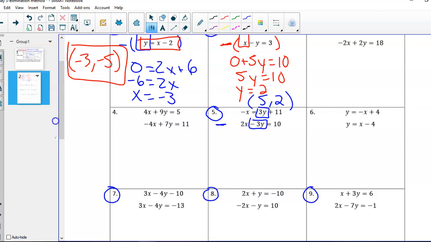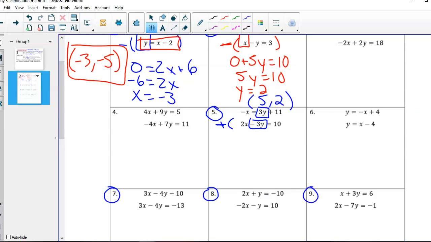If I were to subtract this, 3 minus negative 3, would they cancel? No. So I'm just going to add these two equations together. So no, you're not always subtracting. Sometimes you have to think about which one would be better. If I do this, will they cancel?